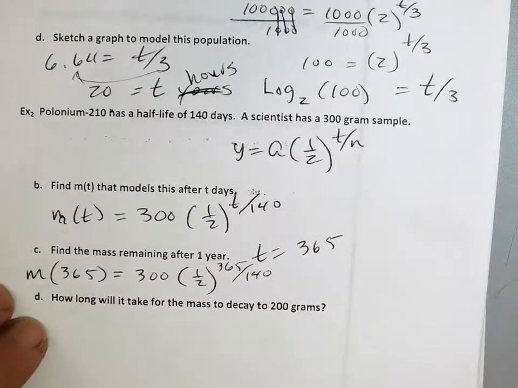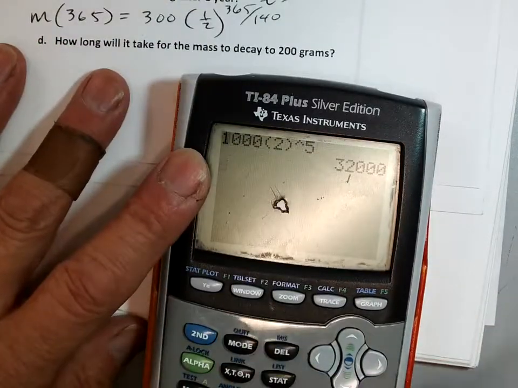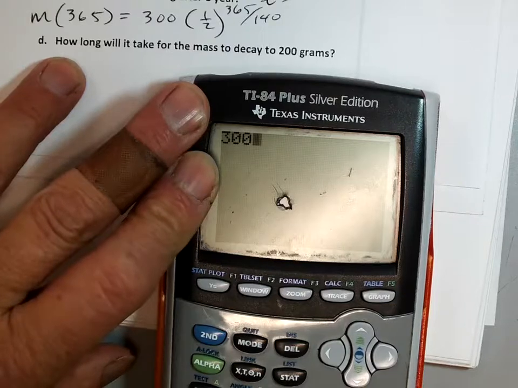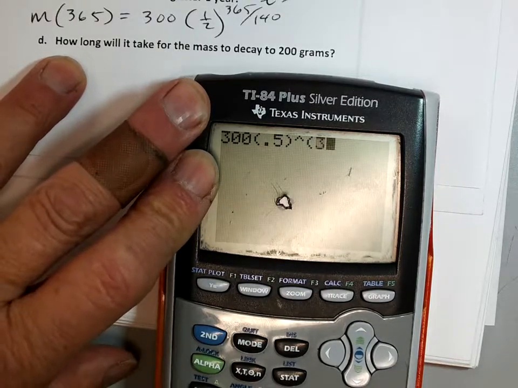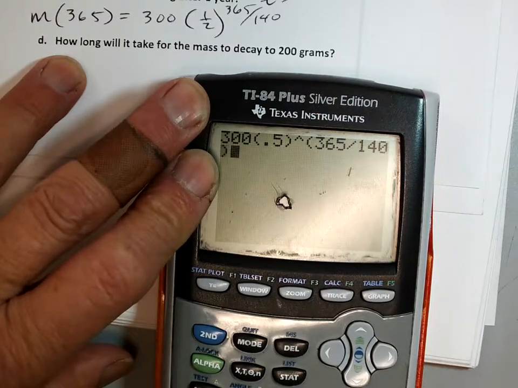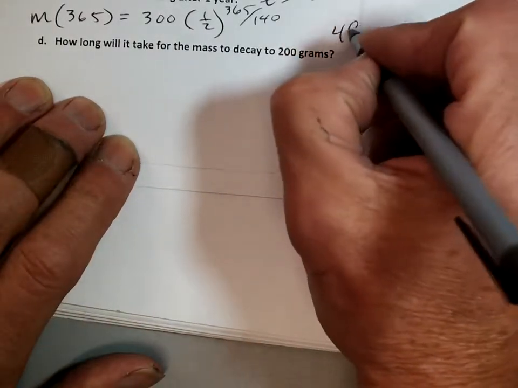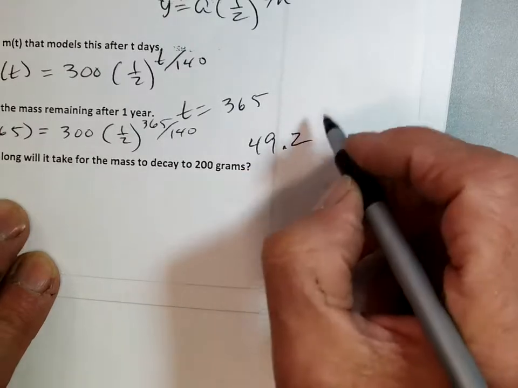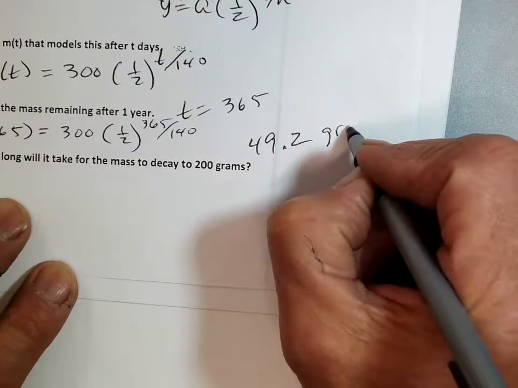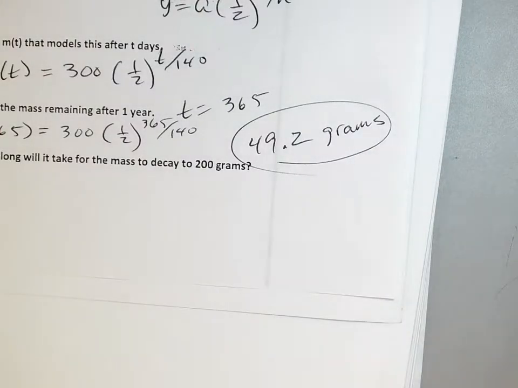I'm just going to use my calculator: 300 times 0.5 to the power of 365 divided by 140. And I get about 49.2 grams of polonium.